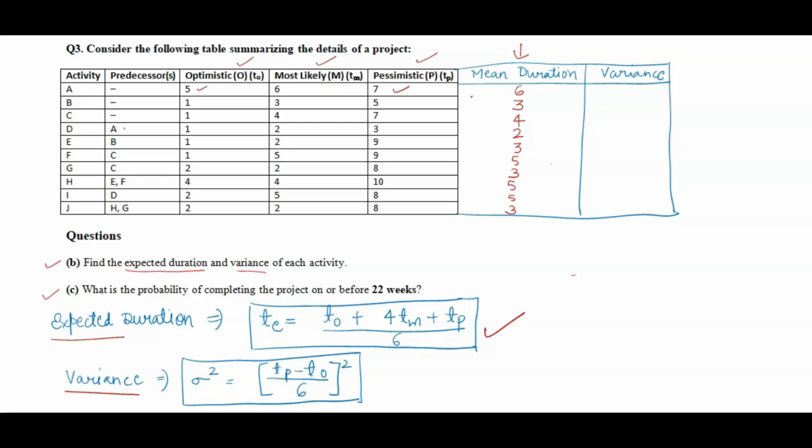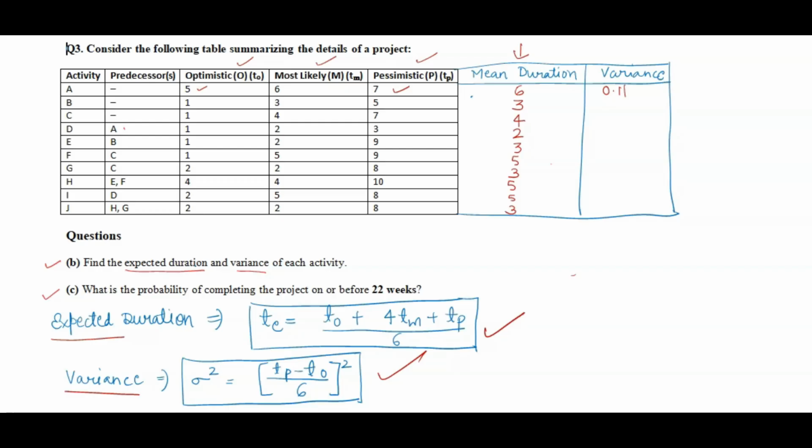2 divided by 6 is 1 by 3, and the square of 1 by 3 is 0.11 using a calculator, taking 2 digits after the decimal. So variance is found like this: pessimistic time minus optimistic time divided by 6, to the whole square.